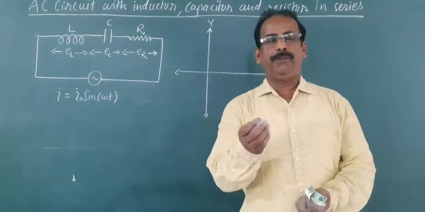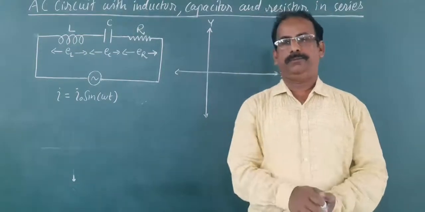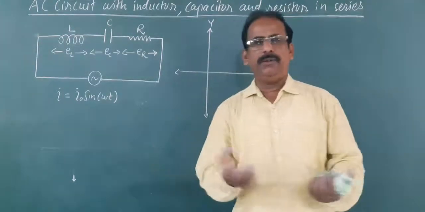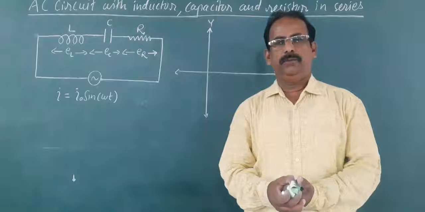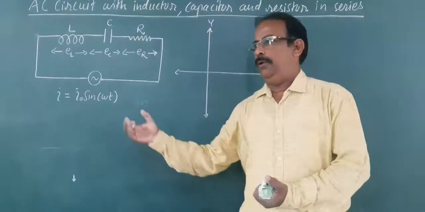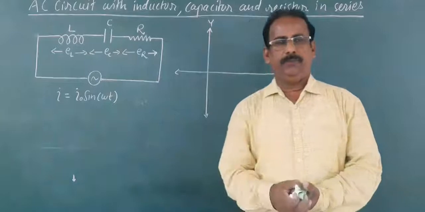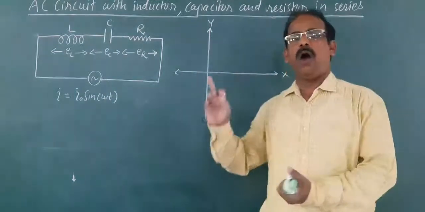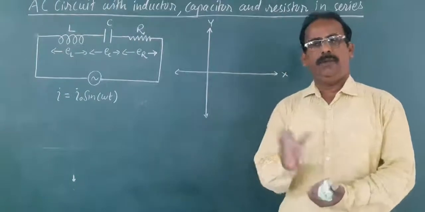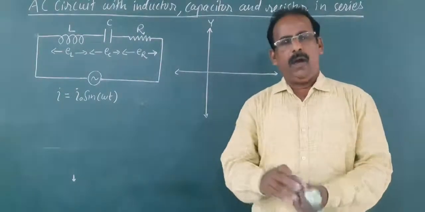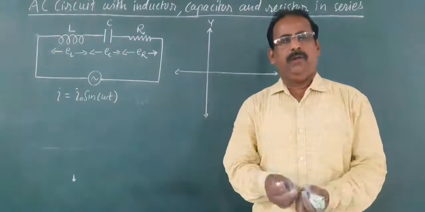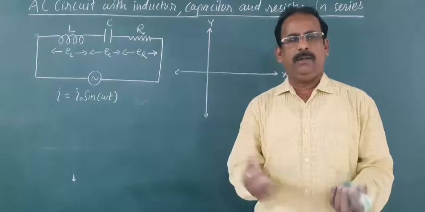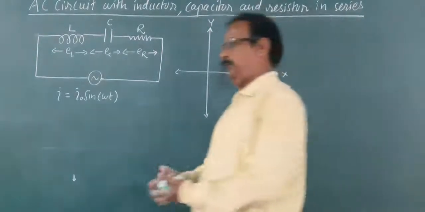First draw the phasor for current at t equal to 0. Suppose that the phasor for current comes on x-axis. Phasor means rotating wave. At some instant, consider that phasor for current comes on x-axis.